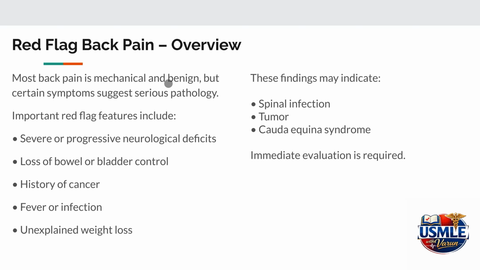Most cases of back pain are benign. However, certain symptoms suggest serious underlying diseases. These red flags include severe neurological deficits, bowel or bladder dysfunction, history of cancer, fever, infection, or unexplained weight loss.